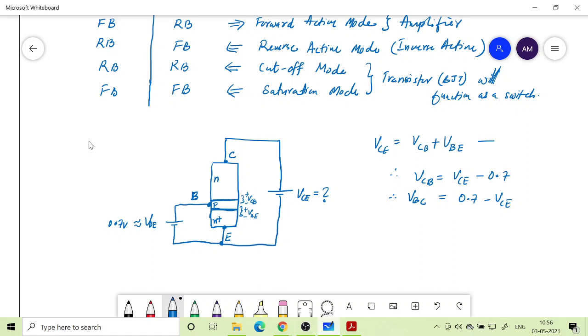Ideally speaking, in order to make VBC negative, that means the diode is applied with a negative voltage, you should have VCE greater than 0.7.